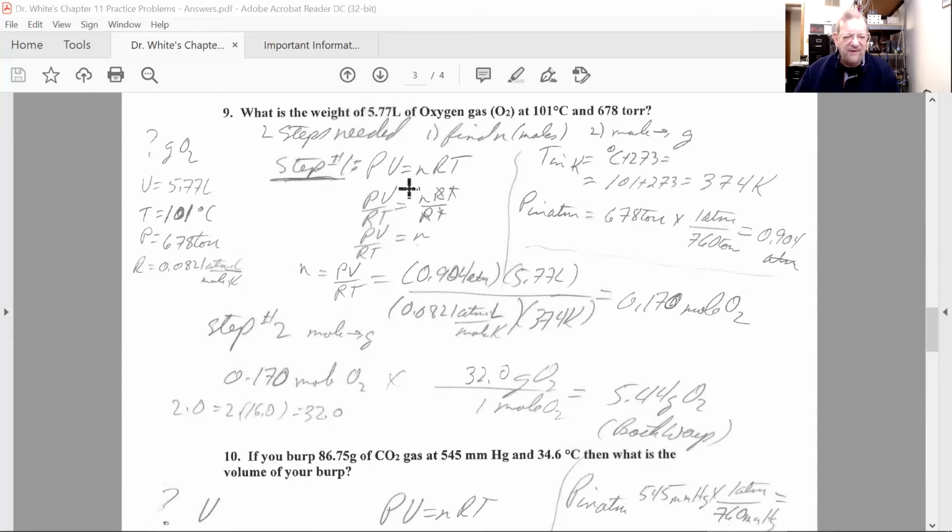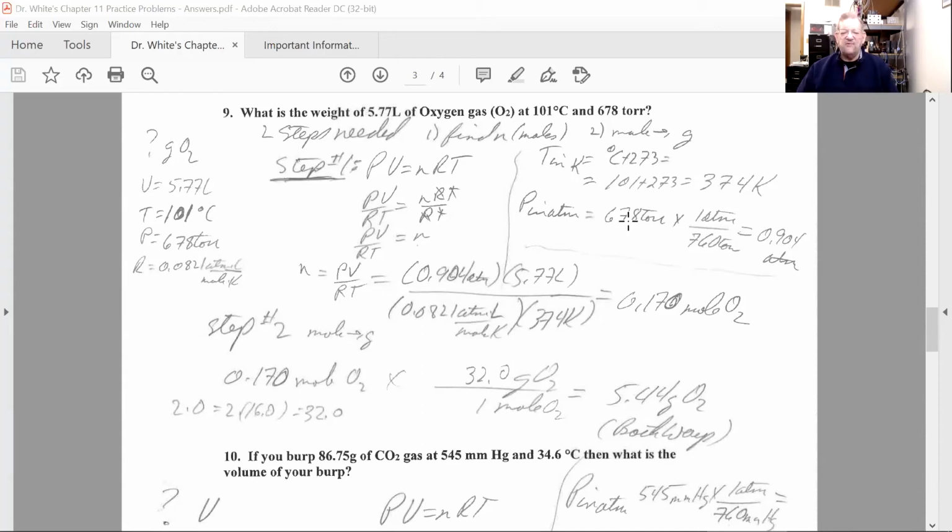Now remember, in PV equal nRT, volume is liters. Oh, yay, we're given that. Temperature is degrees C. You need it in Kelvin. And pressure should be in atmospheres, you're in torr. So first, I convert temperature from Celsius to Kelvin, degrees C plus 273, put in 101, get 374. Okay.